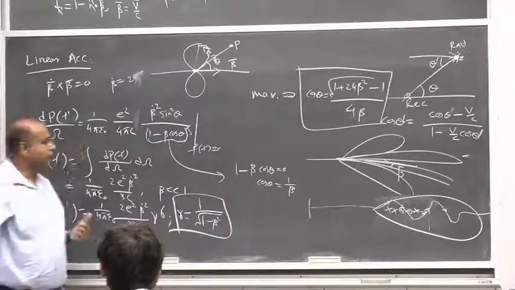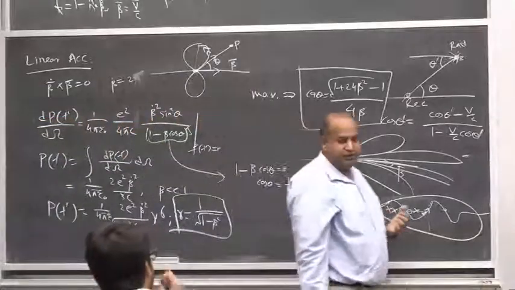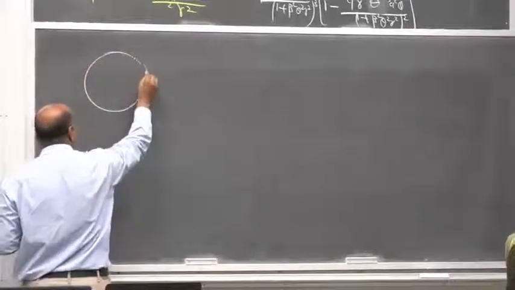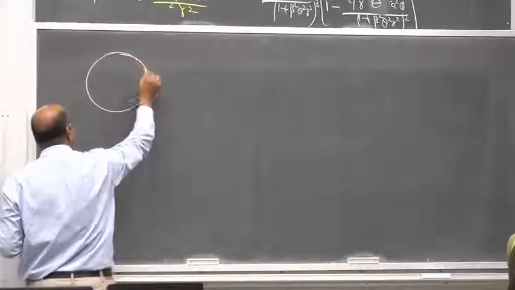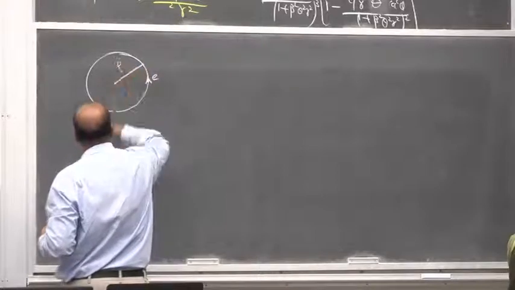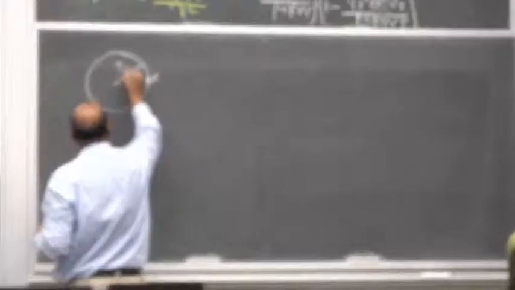Let me first do a simple problem in the Fourier domain, that of a circularly moving charge. We have a charged particle going in a circle of, let's say, radius r with frequency omega naught.